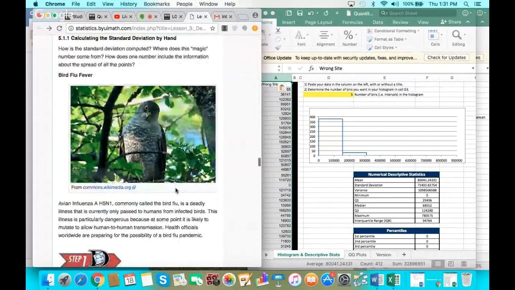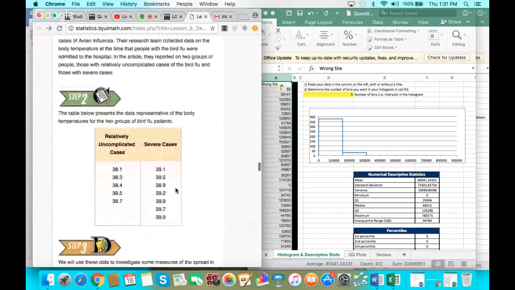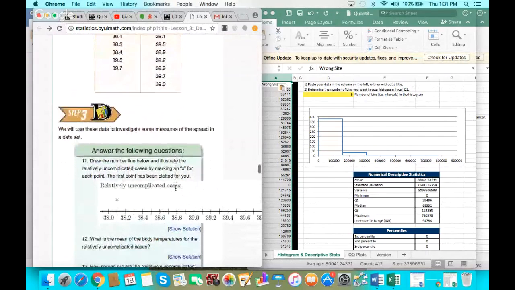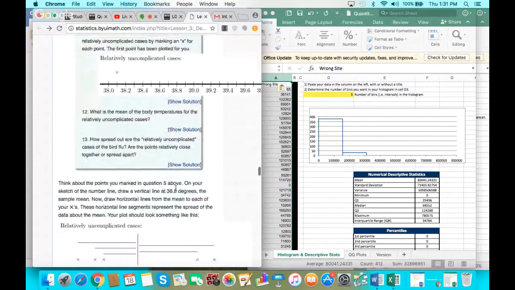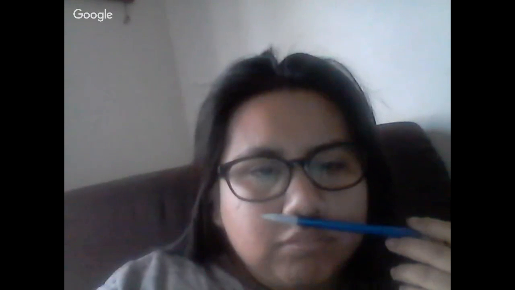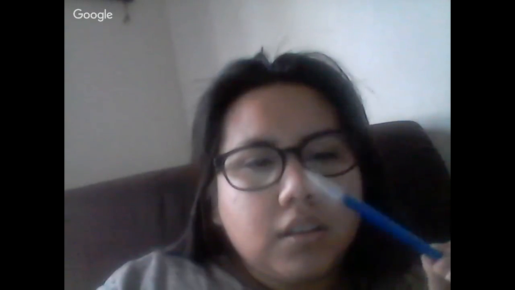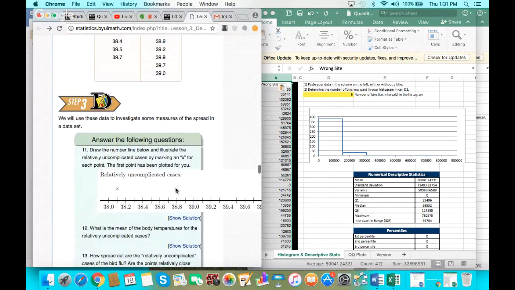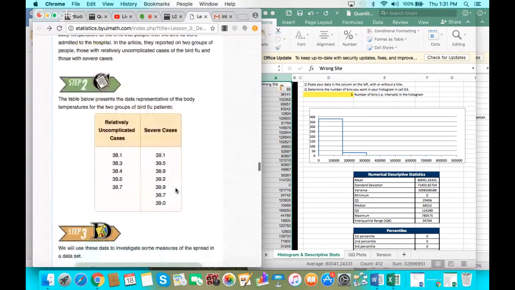Calculating standard deviation by hand. Okay, go up. So do we have to draw a number line? No. Okay, go down again. A little bit further, because they show an exact chart like the one we're on right now.